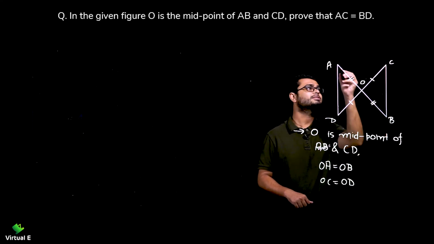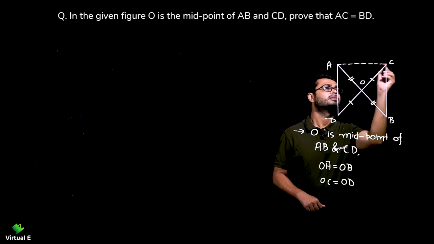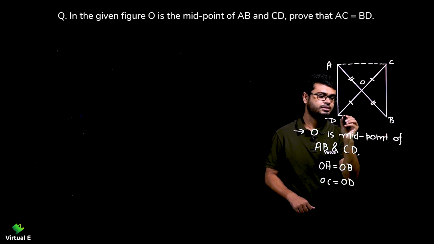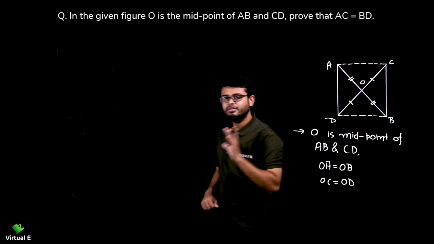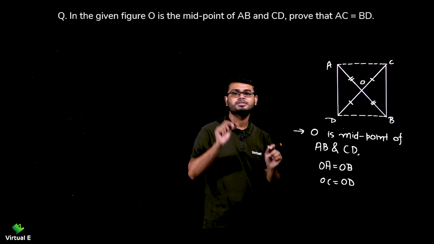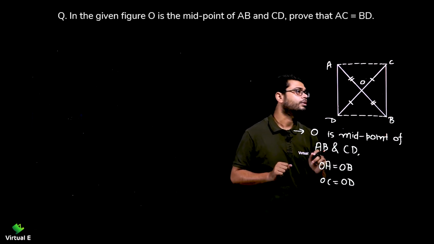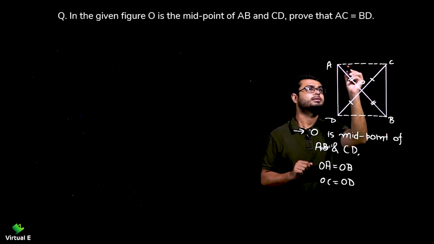First of all, let's draw a line for AC and here BD, right? We need to identify which triangles we are supposed to prove congruent. Now see, AC lies in this triangle, right?